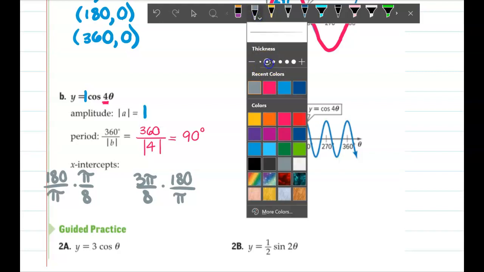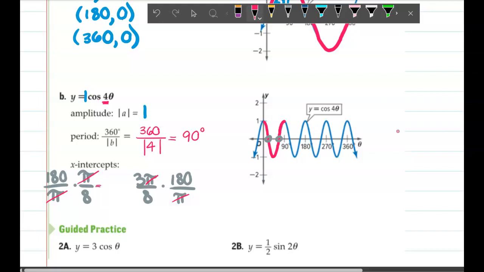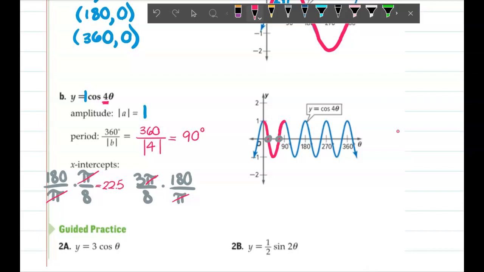And you'll quickly see that when you do that, the pi cancels out, which is what we wanted. We don't want any pi in our answer. And then you just do the calculations. When we do 180 over 8, we get 22.5. And when we do 3 times 180, divide that by 8, we get 67.5.